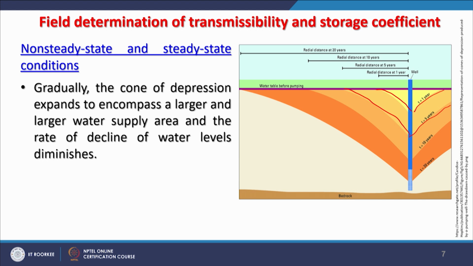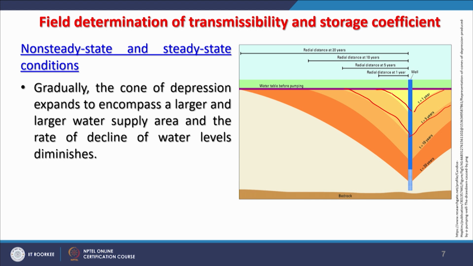Generally the cone of depression expands to encompass a larger and larger water supply area, and the rate of decline of water levels diminishes. Because you have to think that at the initial stage the lateral extent is less.